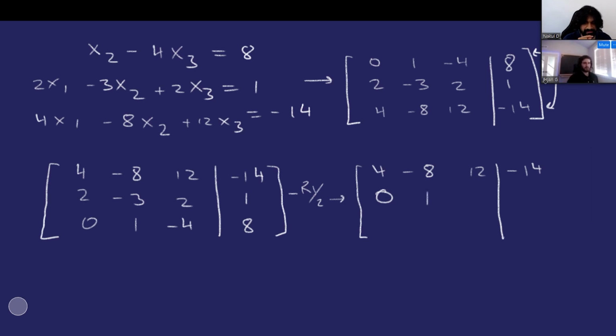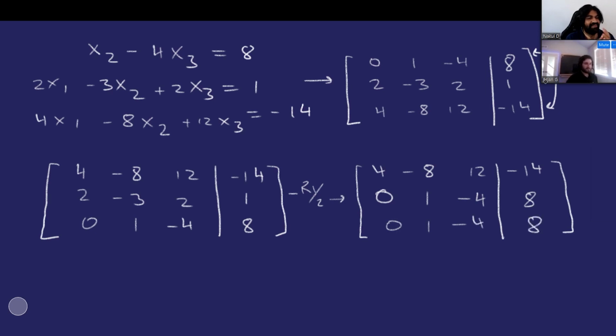And then it'll be 2 minus 12 over 2, so 2 minus 6, which is -4. And then 1 minus 7, so -8? Yes, 8 minus... and then it's going to be just the same third row.